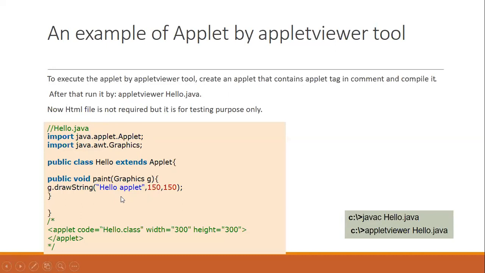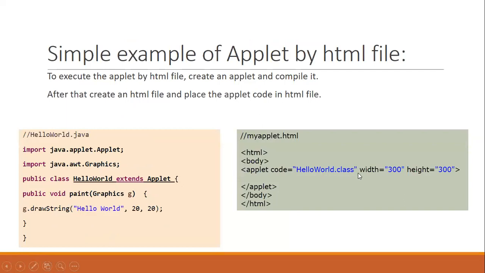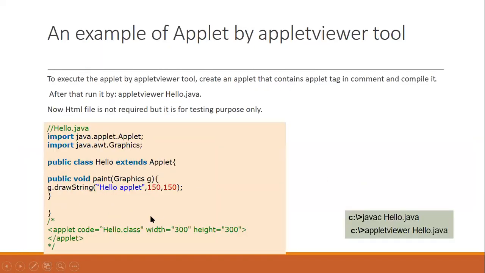The same contents are there, but the code that I wrote in the HTML file, applet code HelloWorld.class, this tag I have to write in the same hello.java file, in a comment after these contents. I will write applet code equal to hello.class. My file name was hello.java, so my .class will be hello.class. I can set some height and width of the applet, and close the applet tag. This code I have to write in a comment in the same .java file.